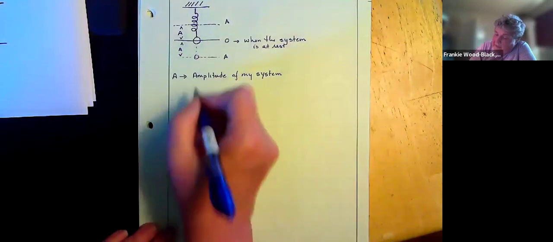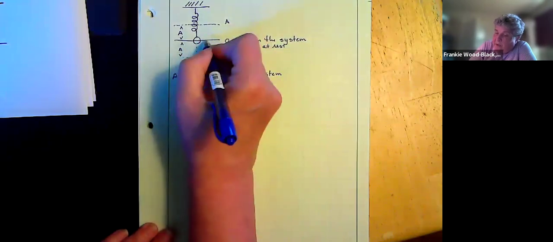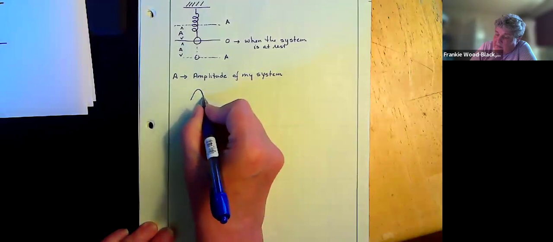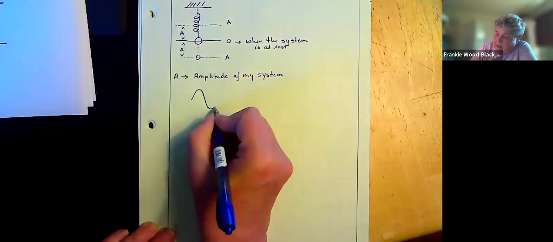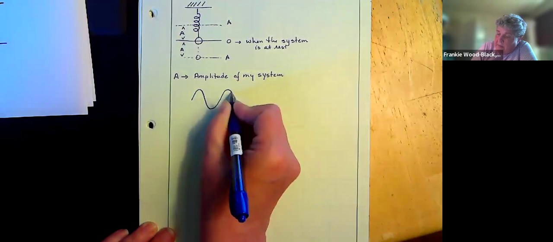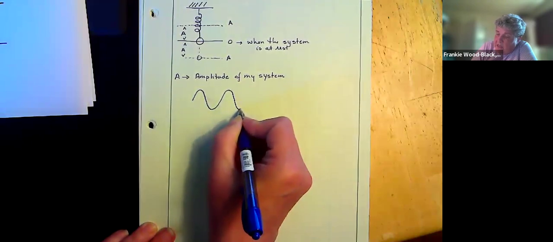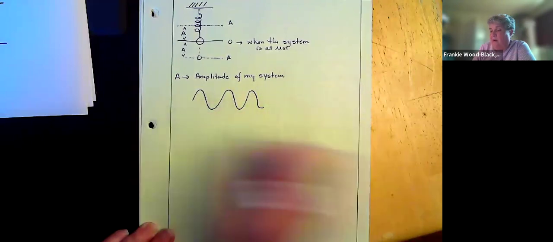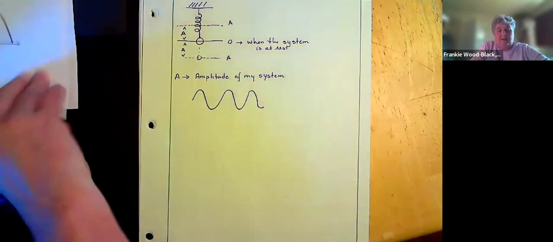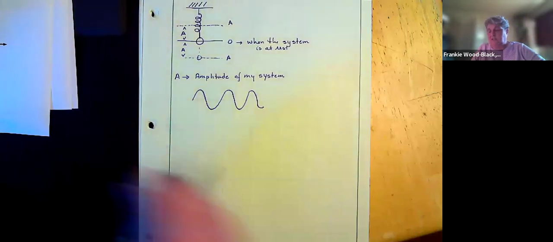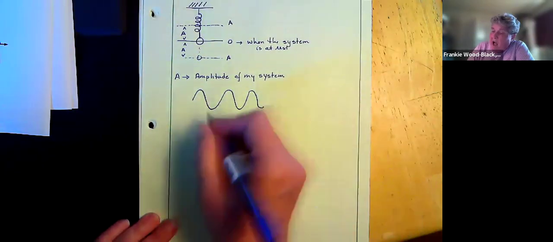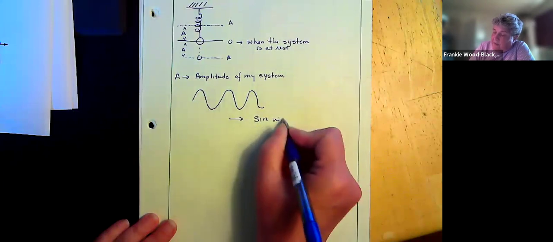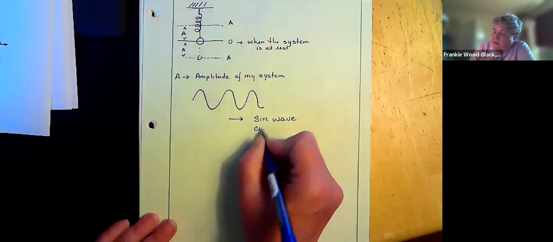What's going to happen is if I were to put a marker on this, and as this bobs up and down, and if I were using a piece of paper and pulling it around, I didn't draw it very well, but you can actually see what's happening here. I'm going to get something that's going to look like a sine wave or a cosine wave.